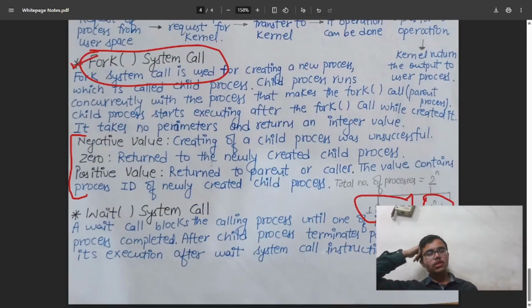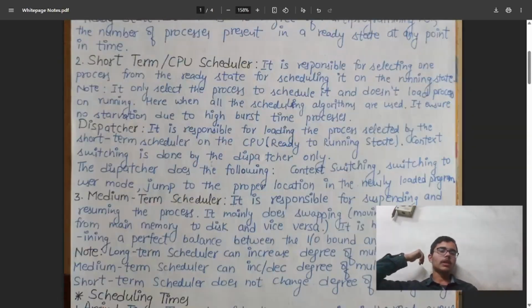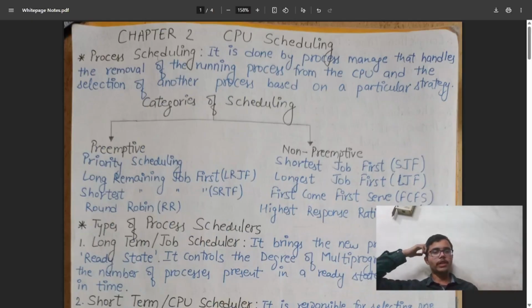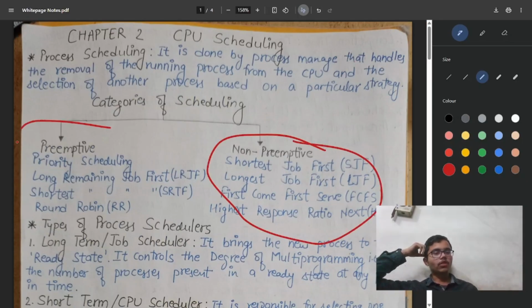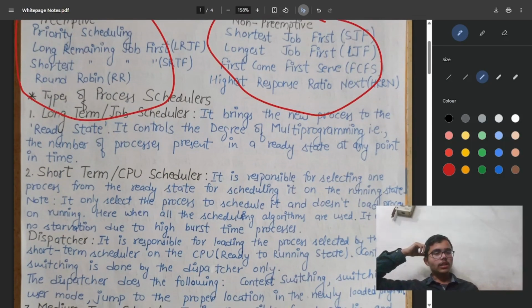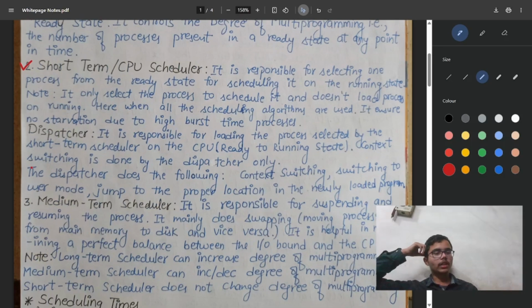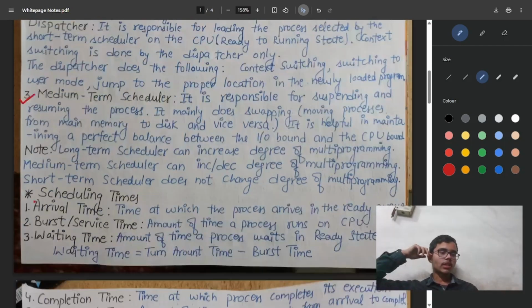Okay, so that's how we completed our theoretical part. I will tell you what the important things are. I again want to mention what you have to know: what the preemptive algorithms are, what the non-preemptive algorithms are. Then you have to know the concept of long-term scheduler, short-term scheduler, and medium-term scheduler for the theoretical part.